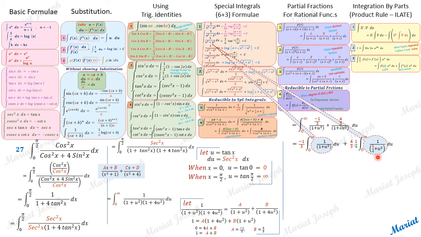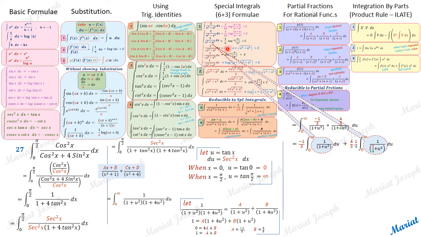When I divide by 4, I have to multiply also, so that 4 in the denominator is balanced here. So, 1 by 4 plus u square. Or in other words, taking 4 common out from here, this 4 joins the 3 here and 1 by 4 here.